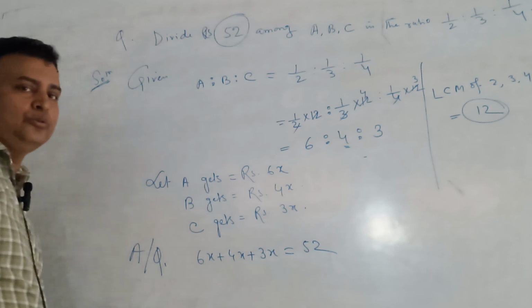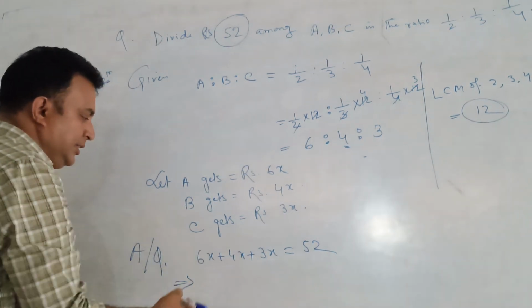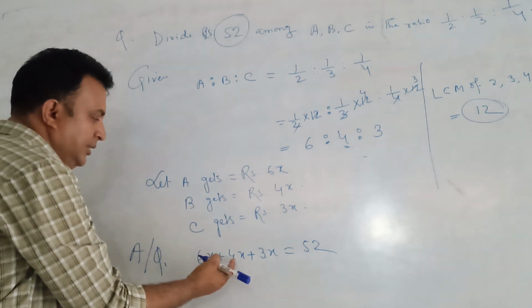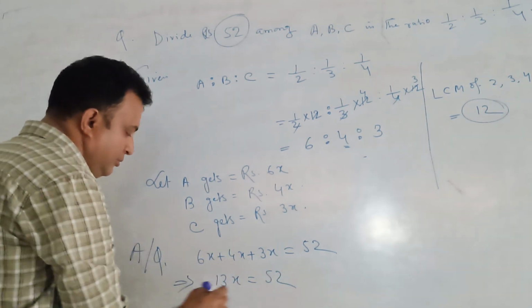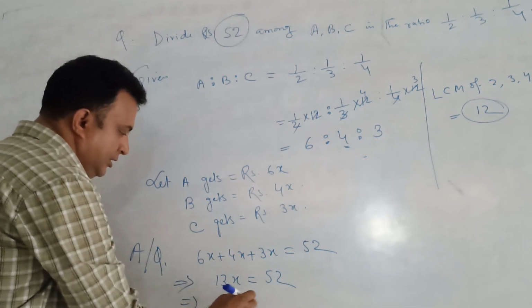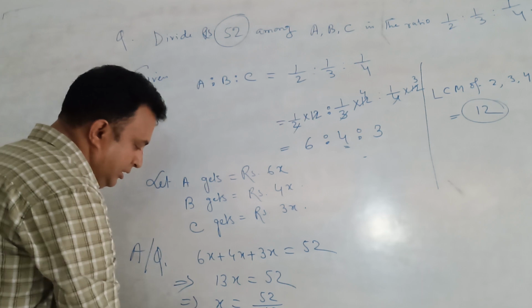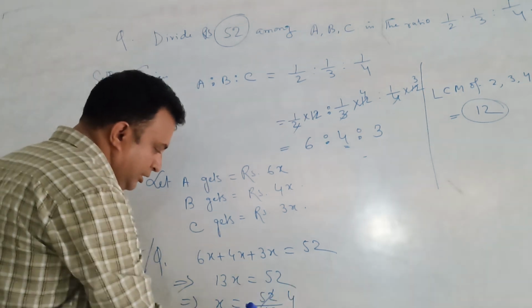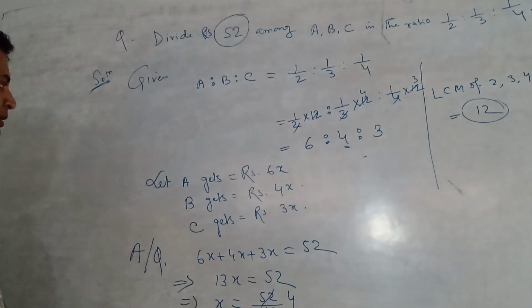Rupees 52. Now the sum of all these three terms, 13x is equal to 52, x is equal to 52 by 13, x is equal to 4, since 13 4s are 52.